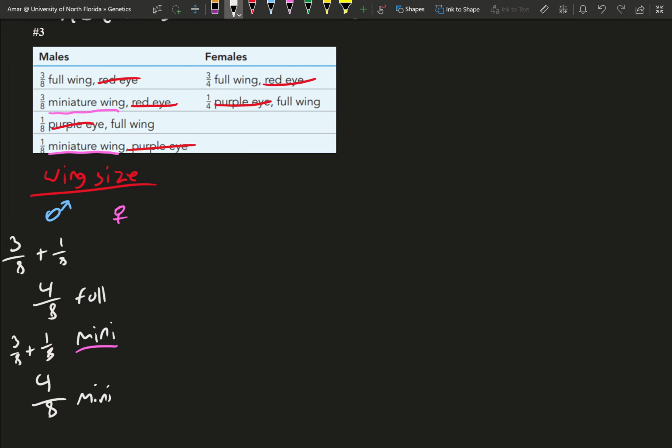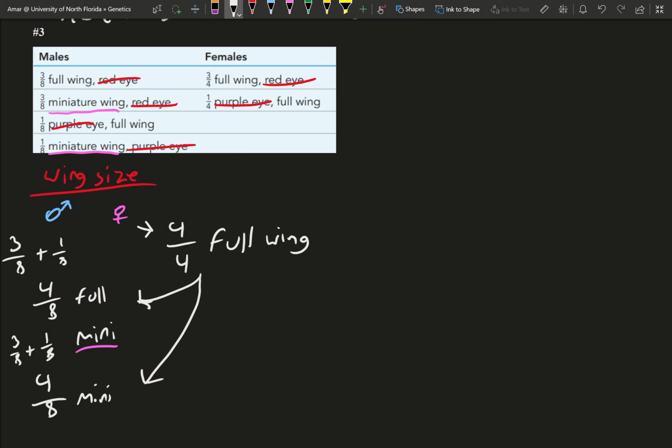Okay. So now let's look at the females. The females are basically 4 out of 4 for full wing. So because of this, we have a completely different phenotypic ratio between the males and the females.